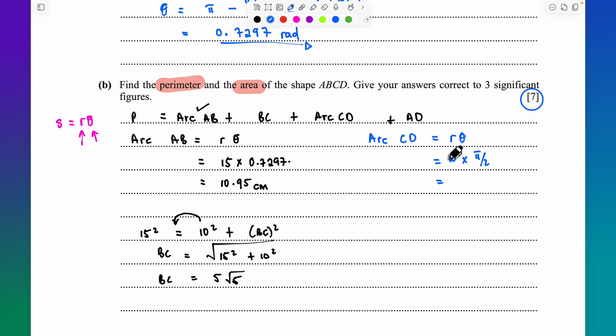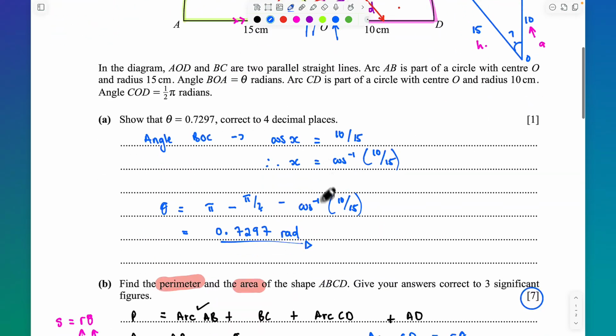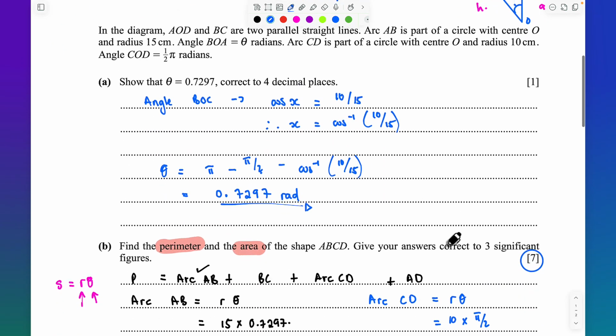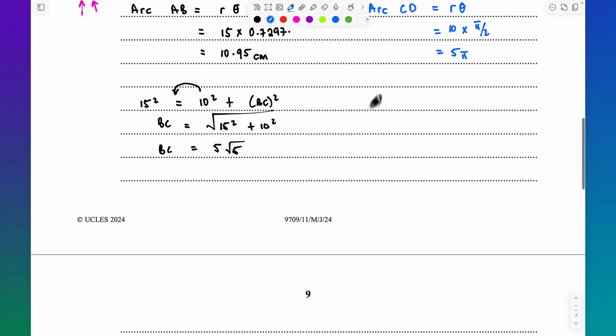So this one should give us 10 times pi over 2, which is 5 pi. Perfect. And then the line AD is just from here all the way up to there. This one is 15, this one is 10, which means AD is equal to 15 plus 10, the 2 radii put together. That's equal to 25.